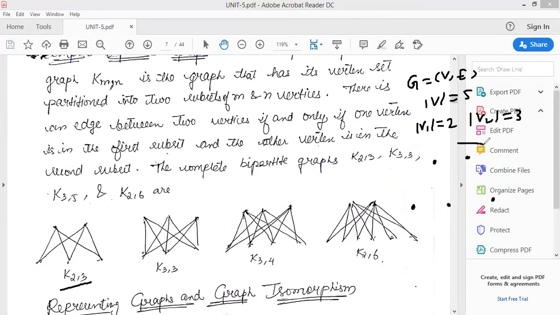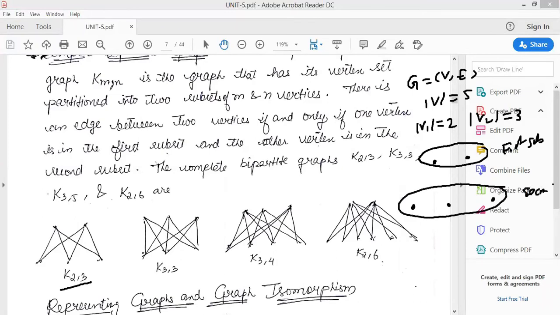This is your first subset, and this is the second subset. So there is an edge if and only if one vertex is in the first subset and the other is in the second subset.